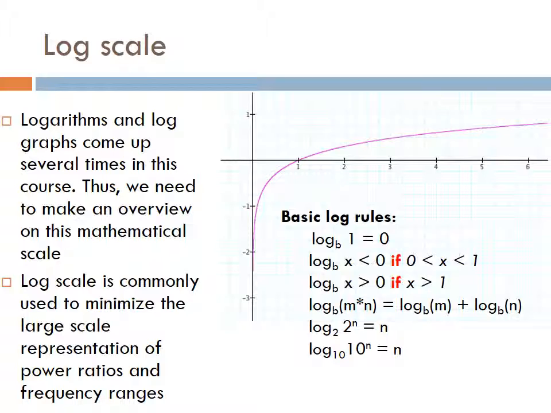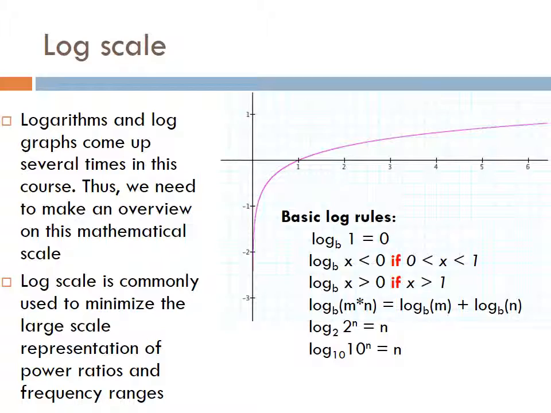Log scale is commonly used to minimize the large scale representation of power ratios and frequency ranges. So as you can see, log of any base b equals 0 when x equals 1. So log of 1 is equal to 0.